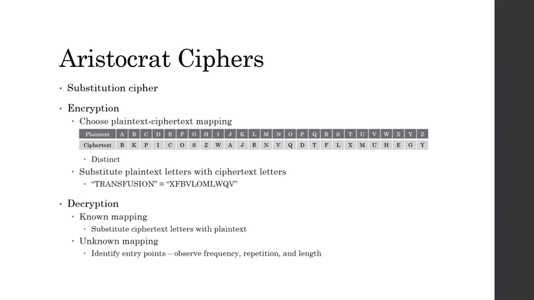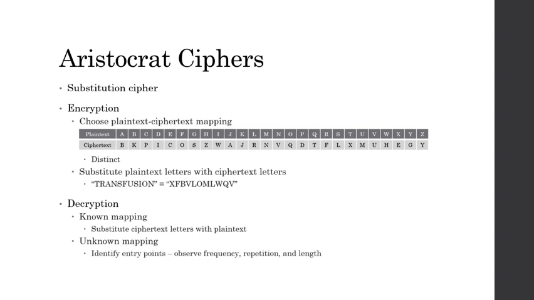So first, when you're trying to decrypt an aristocrat cipher, you want to start by identifying entry points. And by entry points, I just mean words or letters that you can decide with a fairly high degree of confidence what they decrypt to. To identify these entry points, you want to observe frequency, repetition, and length.